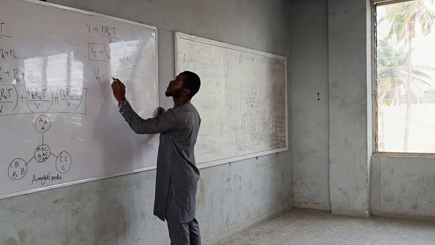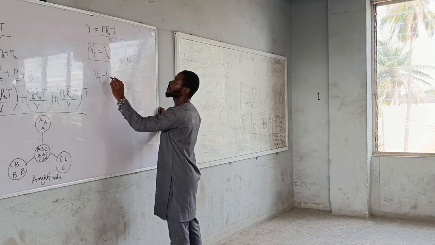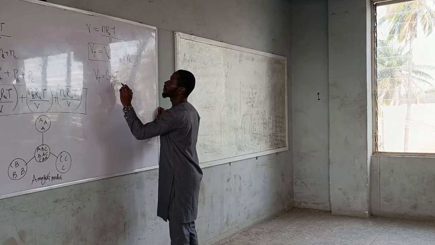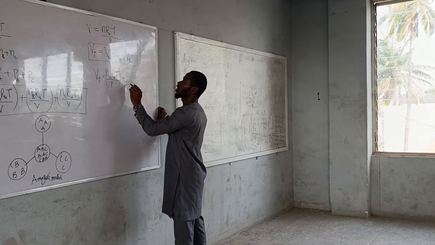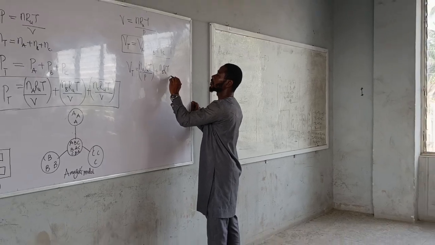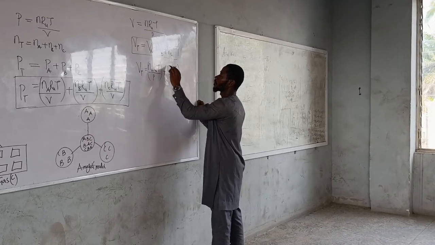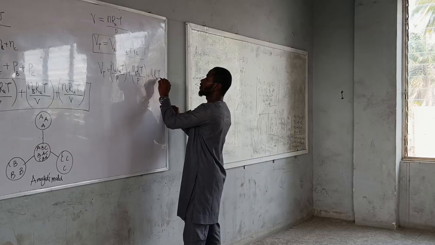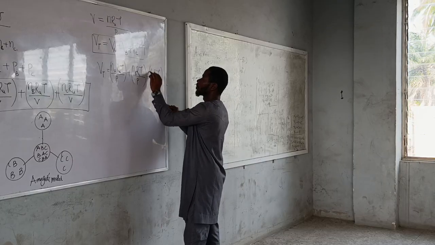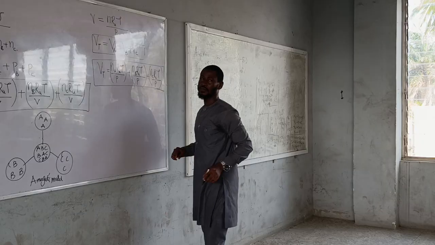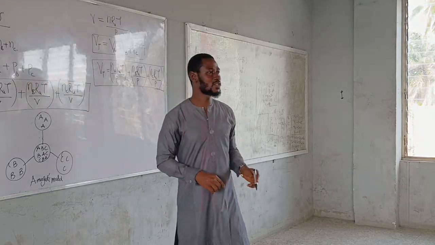VT becomes nA RuT over P plus nB RuT over P plus nC RuT over P. So this is the expression for Amagat's model.